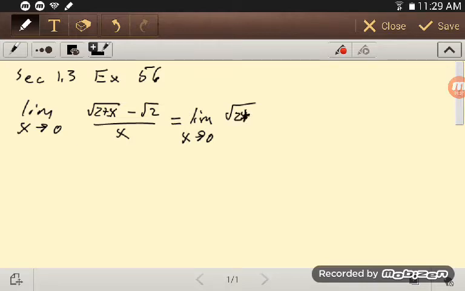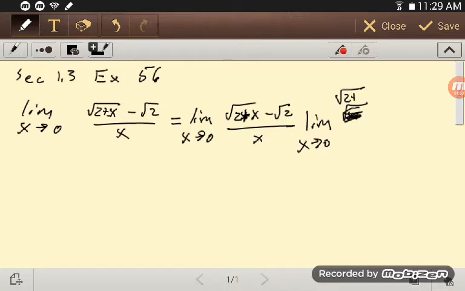It's the square root of 2 plus x minus the square root of 2 over x, times the limit as x goes to 0 of the square root of 2 plus x plus the square root of 2 over the square root of 2 plus x plus the square root of 2.